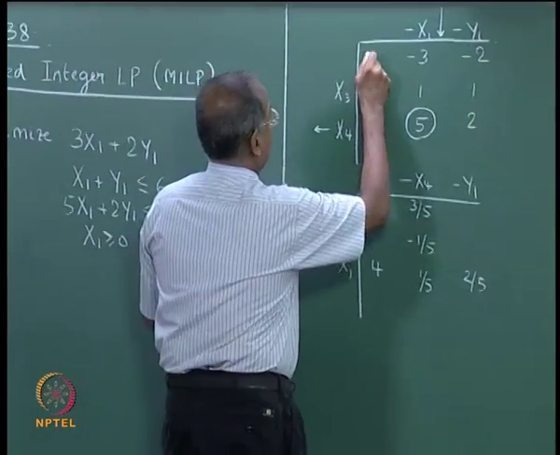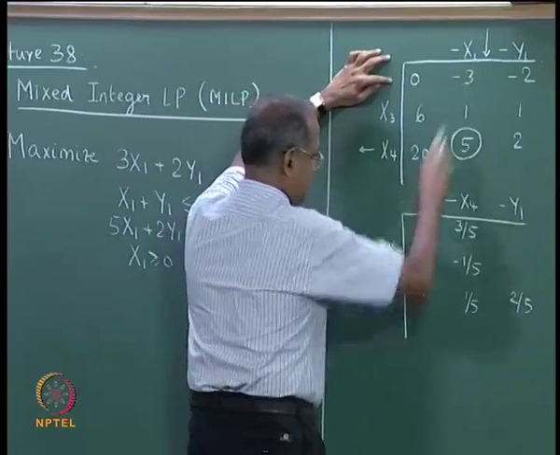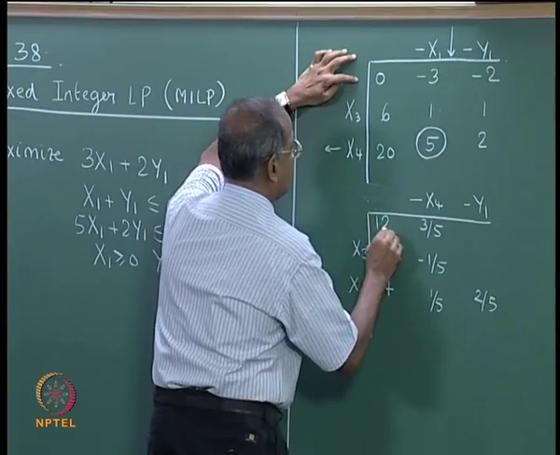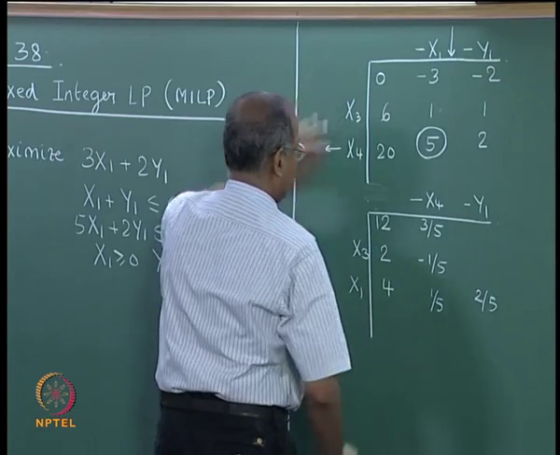Now this is initially taken as 0. So 0 minus 3 into 4 is plus 12, 6 minus 1 into 4 is 2.